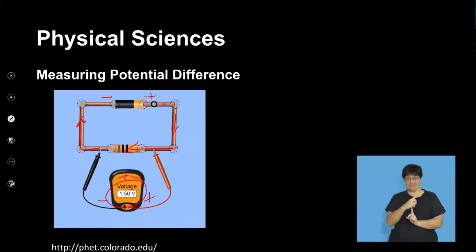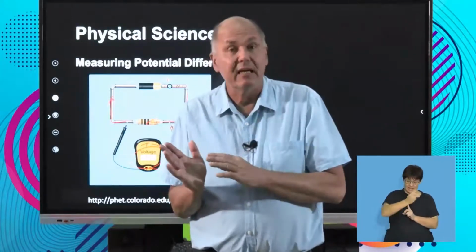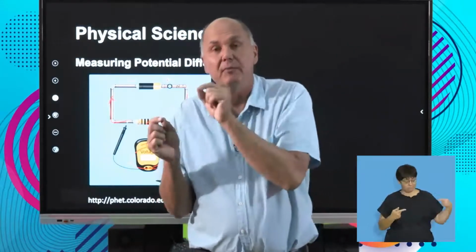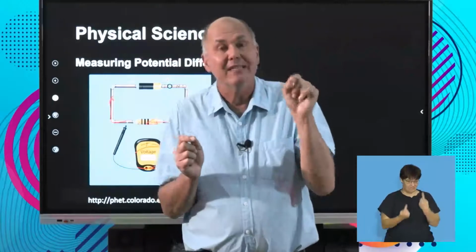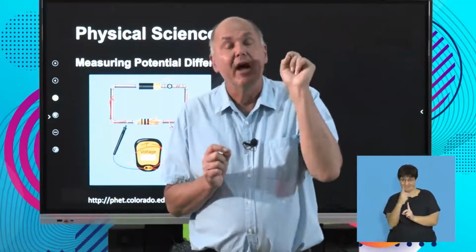And that's how we must make sure that we can predict in which way the voltmeter is going to read. Is the current going in at the terminal that is marked positive, or is it going in at the terminal that is marked negative? If it goes in at the terminal marked positive on the voltmeter, it will give a positive reading.